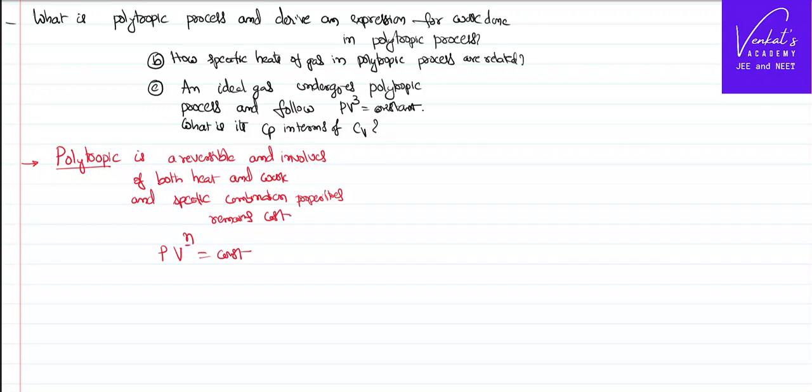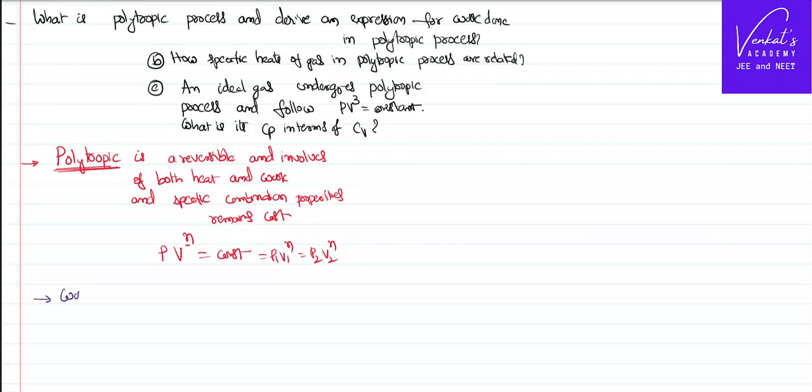This n value depends on the kind of polytropic process. It could be a different value. So we can also say, if required, P1 V1 power n equal to P2 V2 power n and so on, equal to constant. This kind of a process is called a polytropic process.